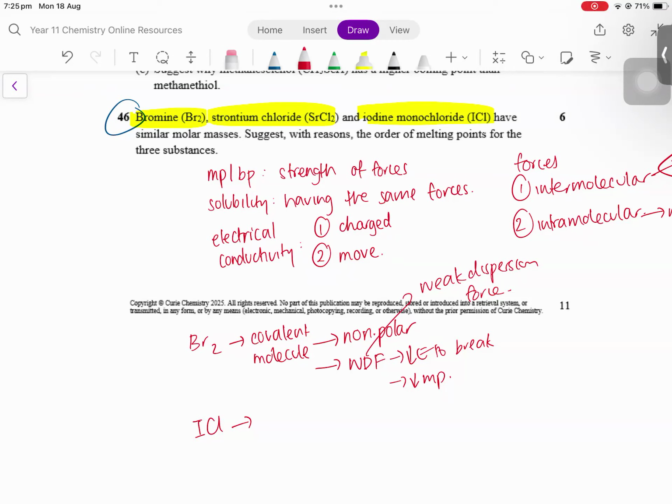So is it polar or non-polar? It's going to be polar because you have two different elements that pull the electrons in different directions, not by the same amount. So everything forms weak dispersion forces, yes, but it also forms dipole-dipole forces as well. DDF is dipole-dipole forces. So therefore, it requires slightly more energy to break, which means it has a slightly higher melting point.